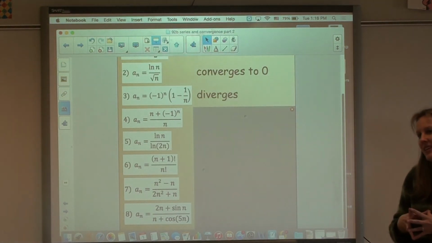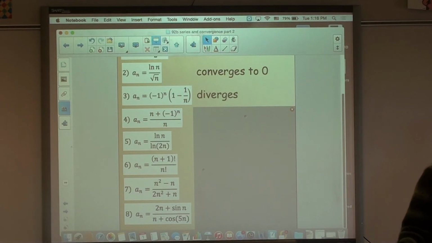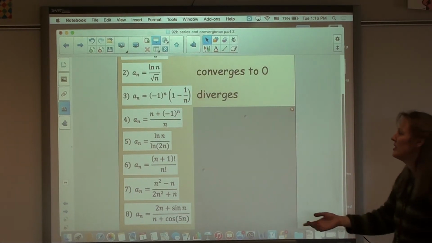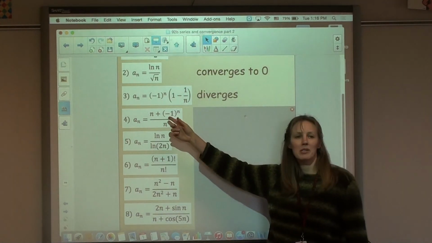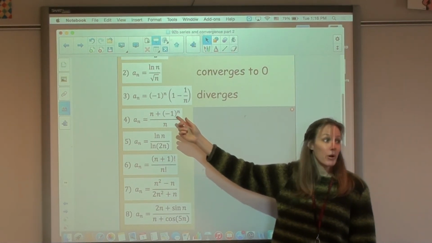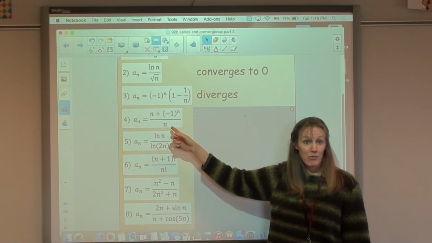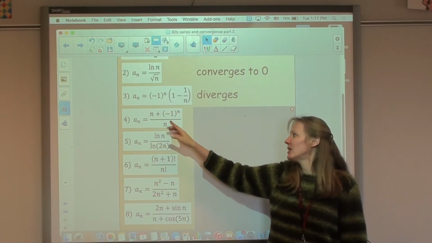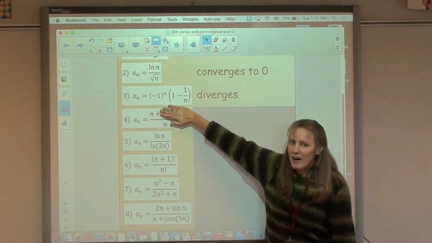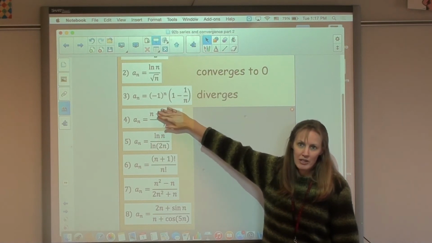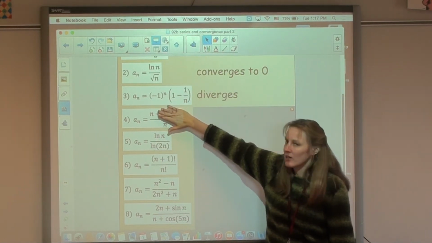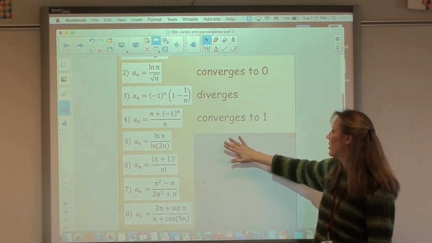Right, exactly. Beautiful. Did you guys hear what she said? This -1 to the n is always just going to be some little constant that's either -1 or 1, right? So you have infinity plus or minus 1 over infinity. Infinity over infinity. And this again is following the L'Hopital or the horizontal asymptote rules, where you can just think of it as n over n, which approaches 1.